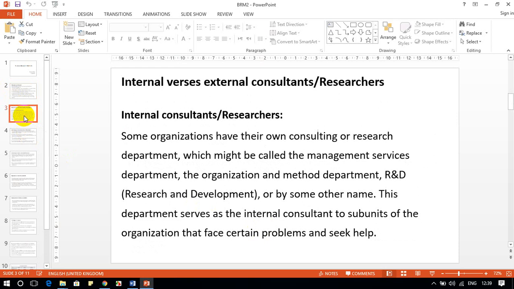So there are some advantages and disadvantages of the internal and external consultants on the research.